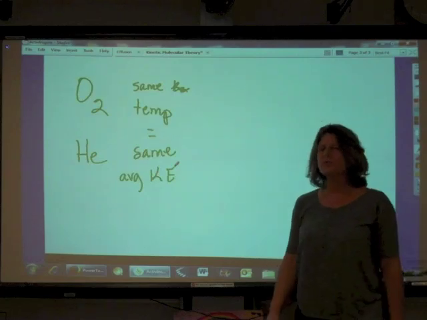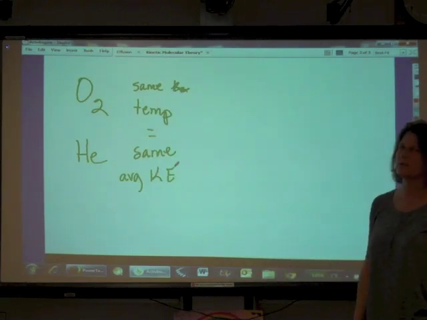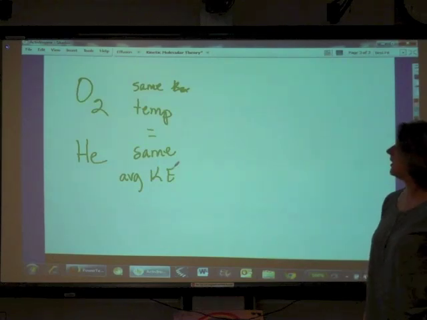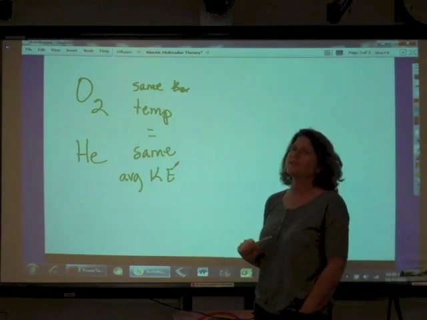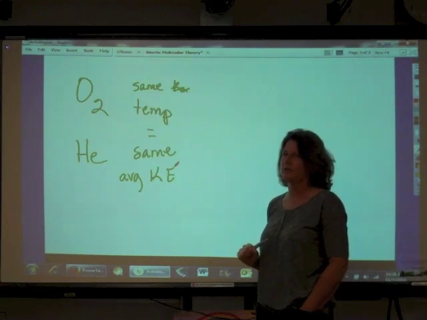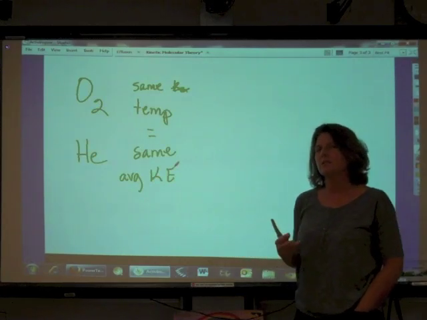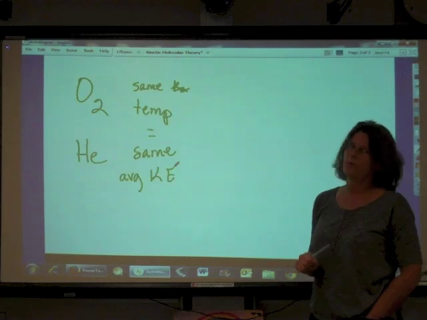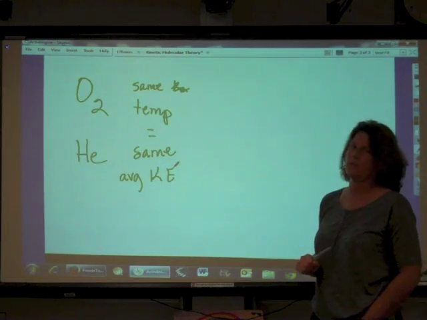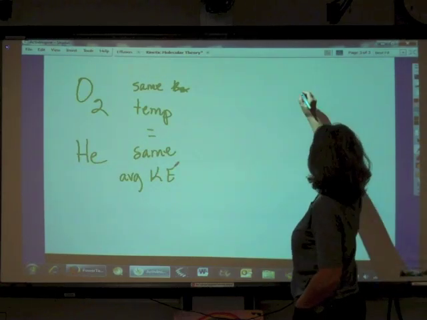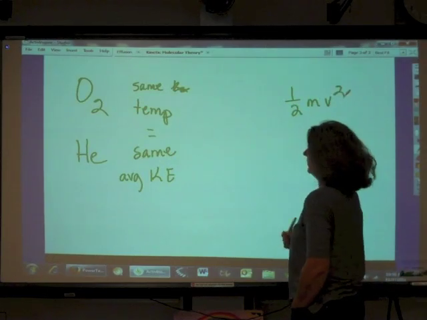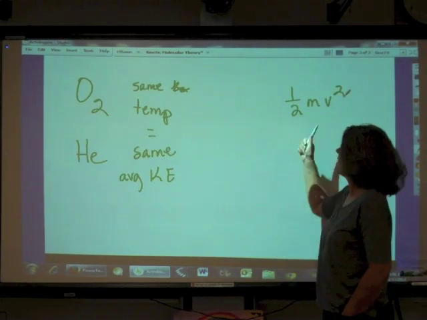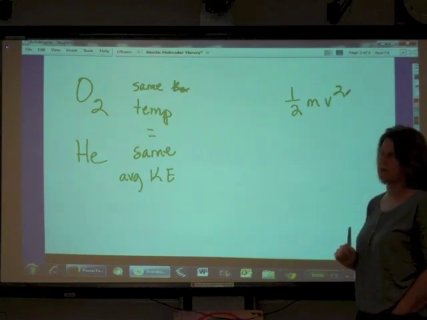Are the molecules of those gases moving at the same speed? They're at the same temperature. They have the same average kinetic energy. Are their velocities the same? No, their velocities are not the same. Why? Remember, kinetic energy is 1/2 mv squared. We have to take mass into account.